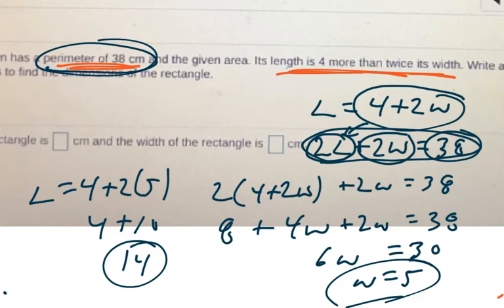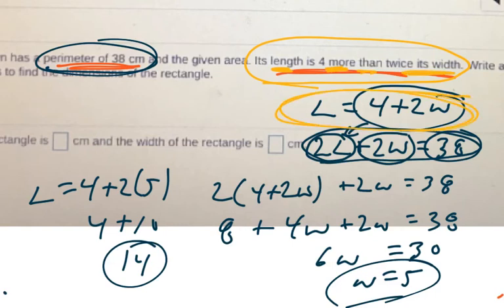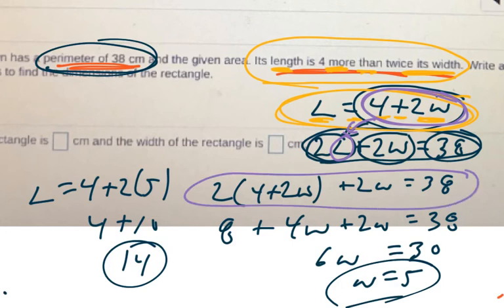So right here, you notice it says the length is 4 more than twice the width. So if you look at my equation I just circled in yellow, the length equals 4 more than twice the width. And now what I can do is I can take 4 plus 2w, plug it in for the other L or length. And that's what I did right here.